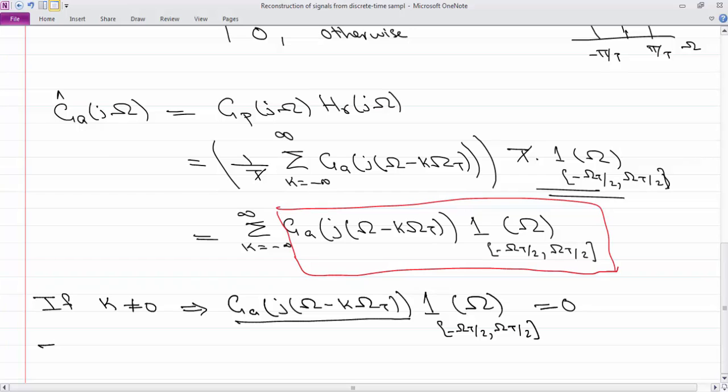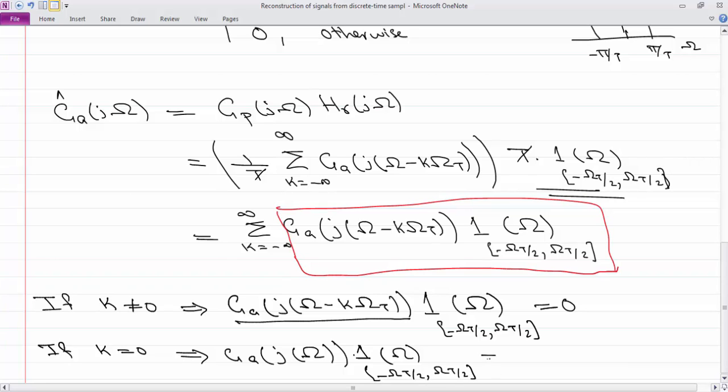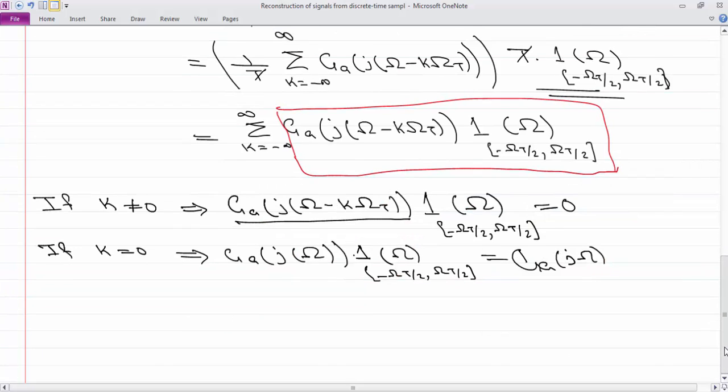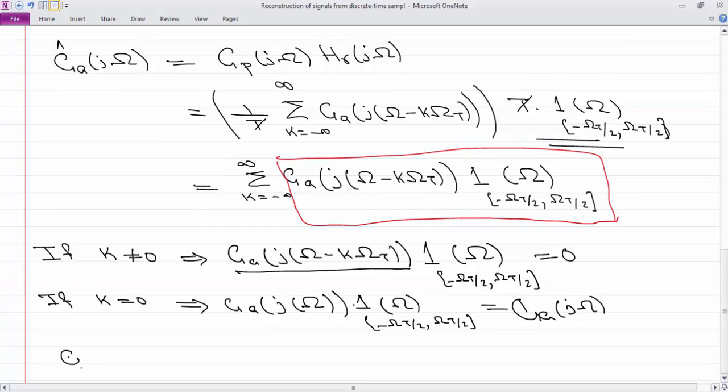And if k equals 0, then G_A(jω) times 1(ω) will be simply equal to G_A(jω), since you're multiplying it with 1. So you collect all of these facts together and you get Ĝ_A(jω) equal to G_A(jω).